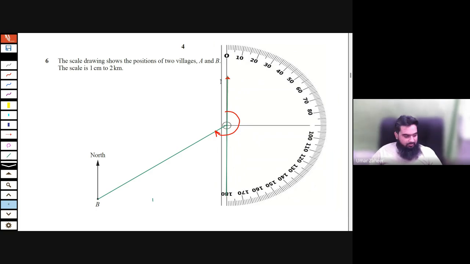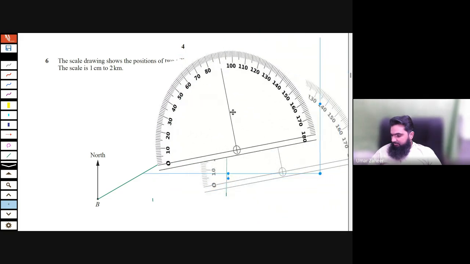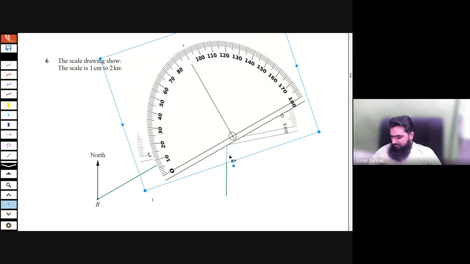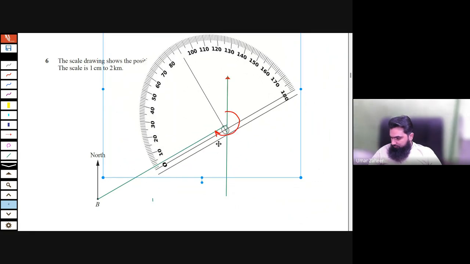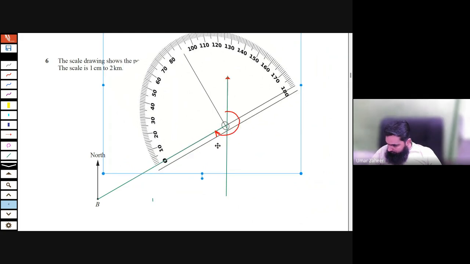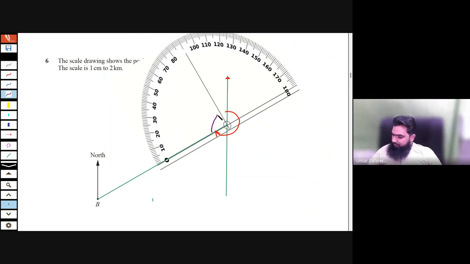The second option, you have to find this angle that is going to be here. You have to find this angle. Can you see it?